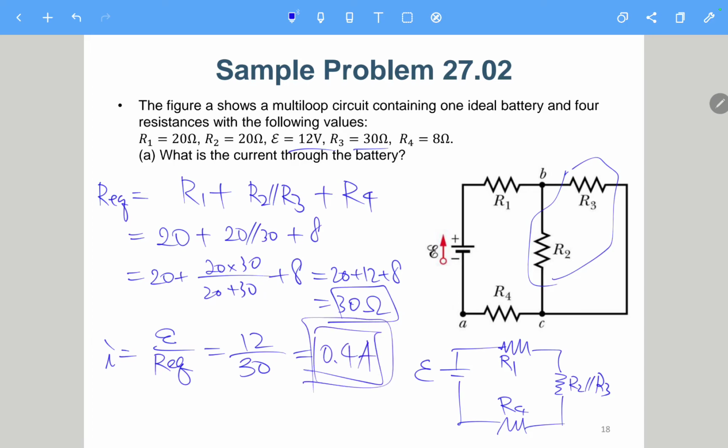This is the answer to question A. Sorry, this should be 40 instead of 30. This is 20, this is 20, this is 40. So this is 40, and then the answer should be 0.3 rather than 0.4. Sorry.